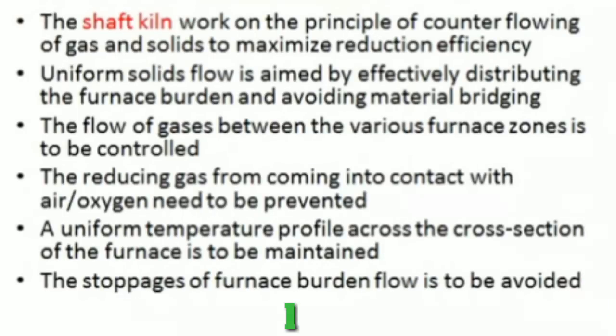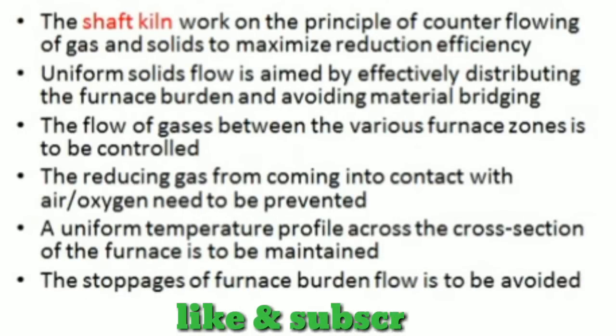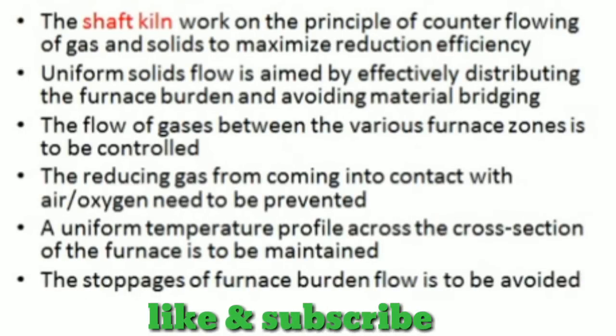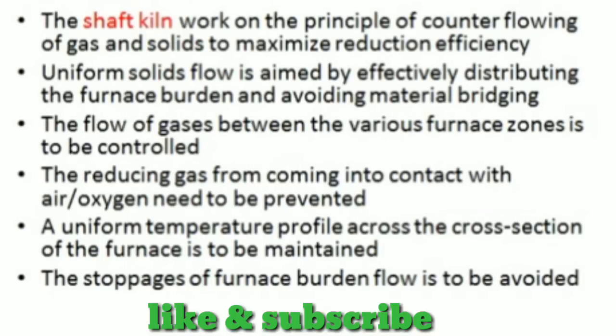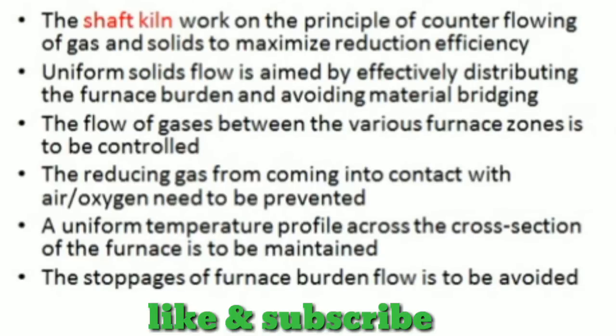The shaft works on the principle of counterflowing of gas and solids to maximize reduction efficiency. Uniform solids flow is aimed at by effectively distributing the furnace burden and avoiding material bridging. The flow of gases between the various furnace zones is to be controlled.